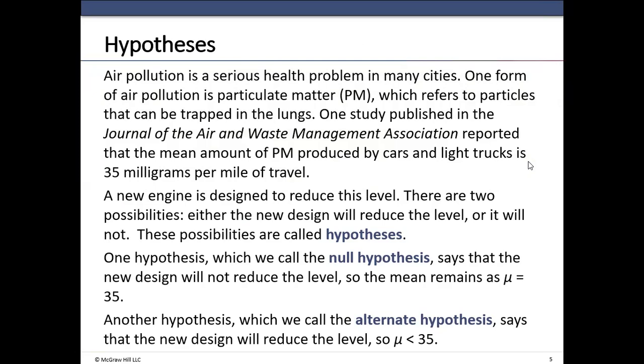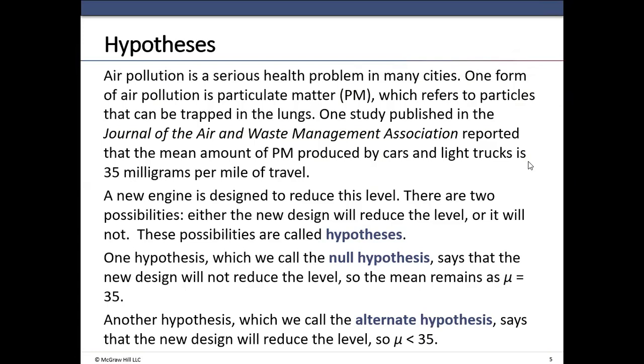One form of air pollution is particulate matter (PM), which refers to particles that can be trapped in the lungs. One study published in the Journal of the Air and Waste Management Association reported that the mean amount of PM produced by cars and light trucks is 35 milligrams per mile of travel. A new engine is designed to reduce this level.